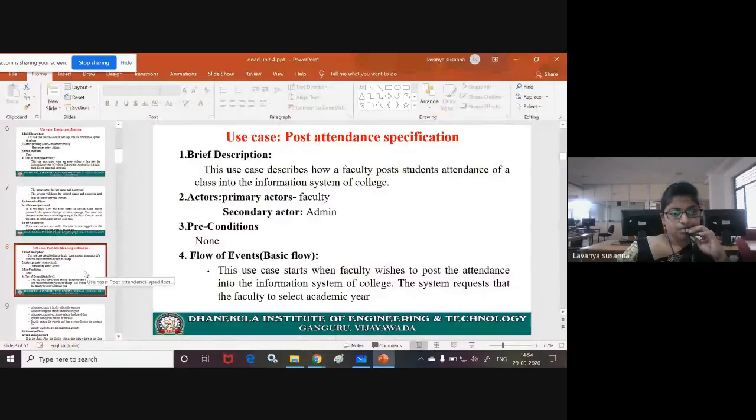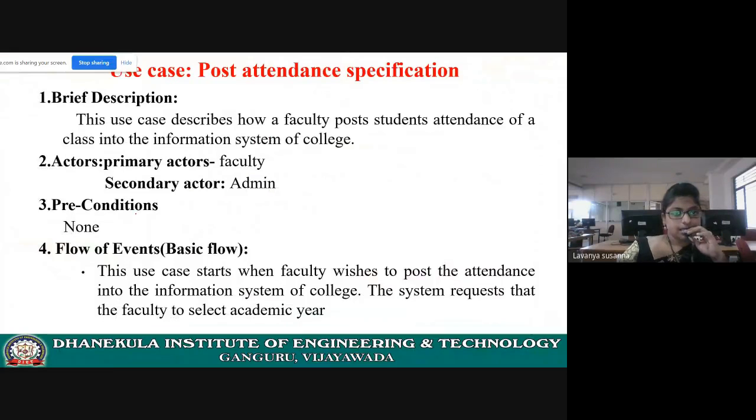Now let us see the use case specification of post attendance. See here. What is a brief description? What is the use case doing? Post attendance use case describes how faculty post students' attendance of a class into the information system of the college.